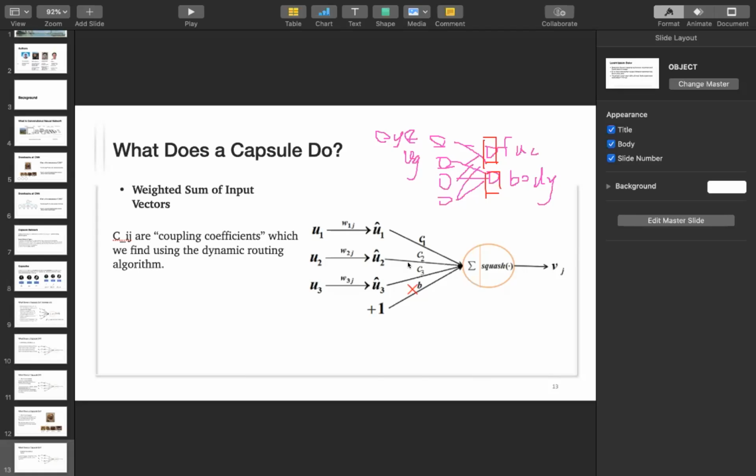So why do we need to explicitly say that there's dynamic routing? Because I guess the reason is that they want to explicitly control the weight here.